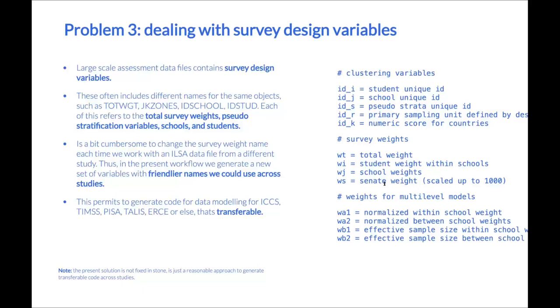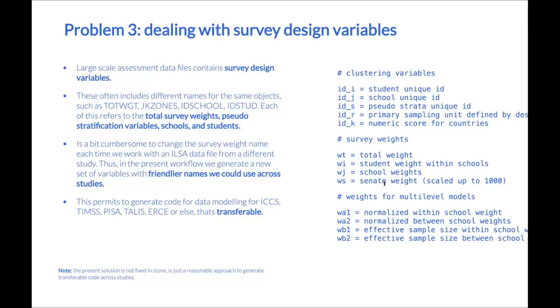The senate weights are crucial when you want to merge two different countries that have sampling frames of different sizes. So let's say that we want to compare Paraguay and Mexico, which are entirely different in the number of schools that they contain. If we put them together with the same weight, and we just run either a multi-level model or a confirmatory factor analysis or an IRT, our estimates are going to be distorted, given that one of the countries has weights that are much larger than the other country.